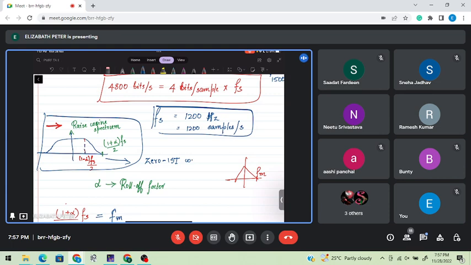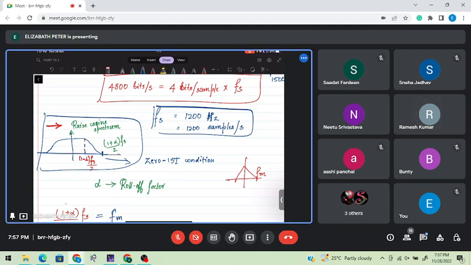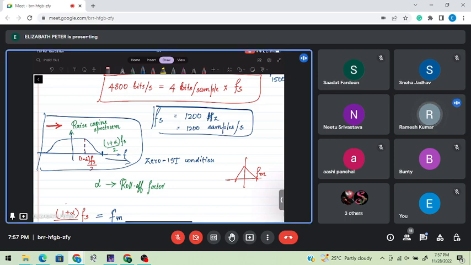It is defined like this: this point is (1 - alpha) fs by 2, and this one is (1 + alpha) fs by 2. The x-axis is frequency. So alpha is the roll-off factor, which determines this slope or decay.